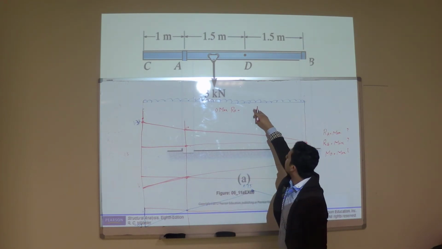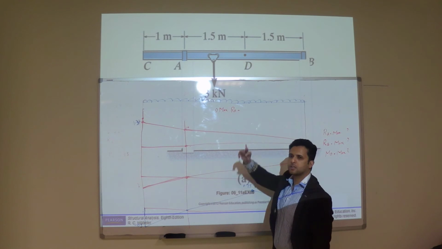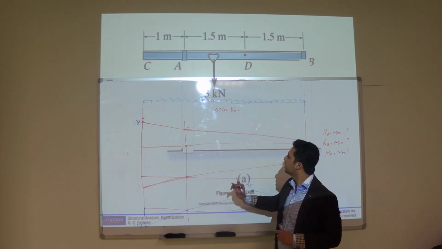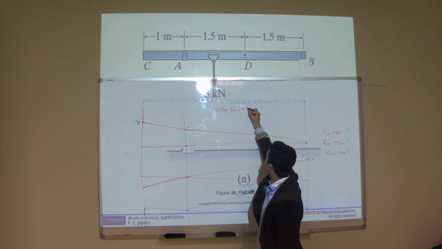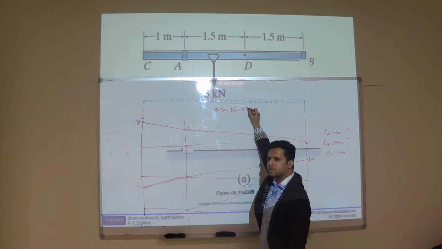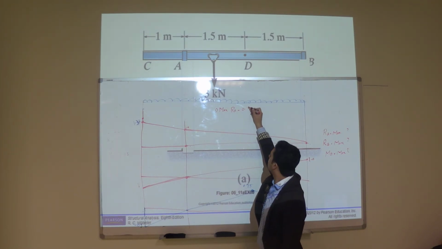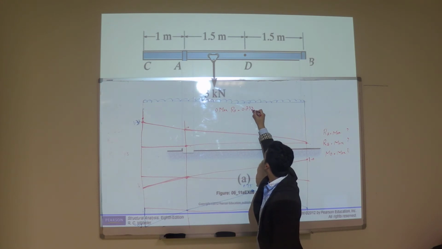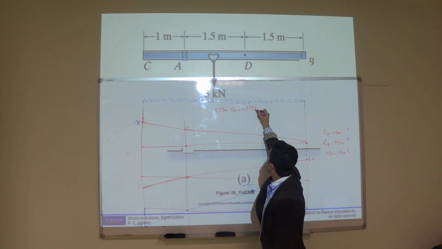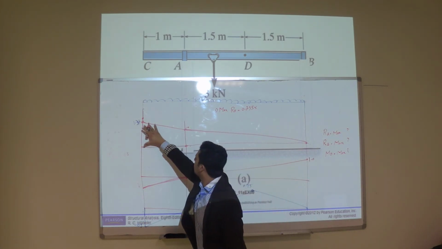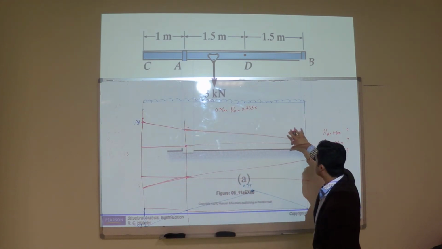So how much will be the reaction due to this UDL? How can you find it? Just multiply the load per unit length, 0.235 kilonewton per meter, by the total area, because the load is present on all this length.